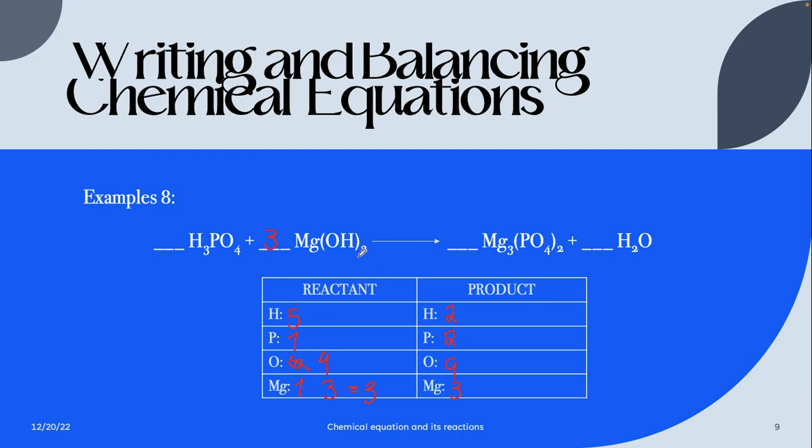So 6, 9. Okay? So now we have 6 hydrogens, because 3 and 2 is 6. Awesome.